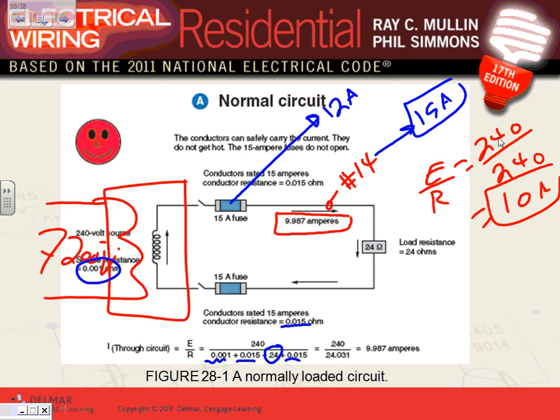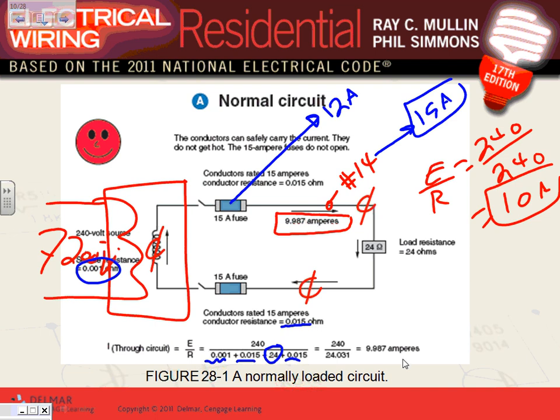We ignored the impedance of the source and the impedance of the conductors, which is acceptable because the load impedance is substantially more than the impedance of the conductors and the source. So for all practical reasons, we can assume the conductor impedance and the source impedance is 0 when we calculate the current. Any question, guys, about the normal condition of the circuit?